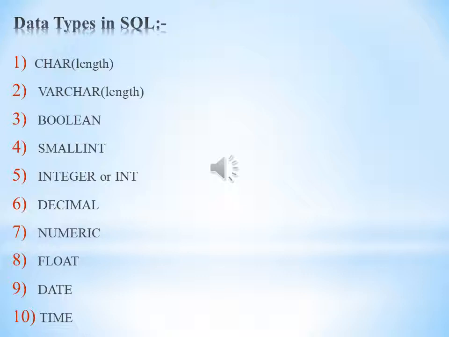The first is character, char in brackets length. Second, varchar in brackets length. Third data type is boolean. Fourth data type is small integer, and fifth is integer or INT. Sixth is decimal, seventh is numeric.